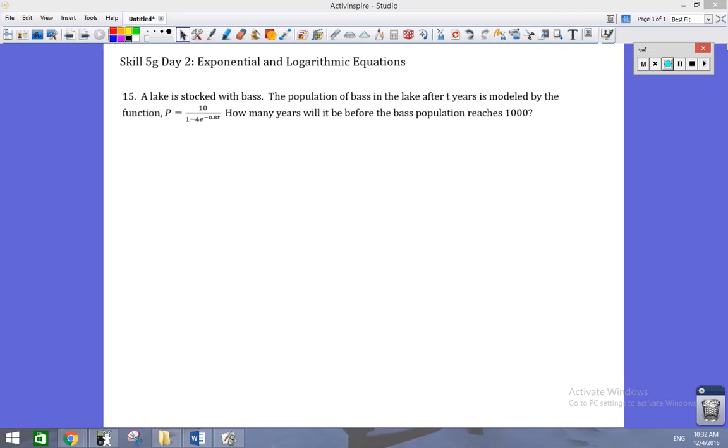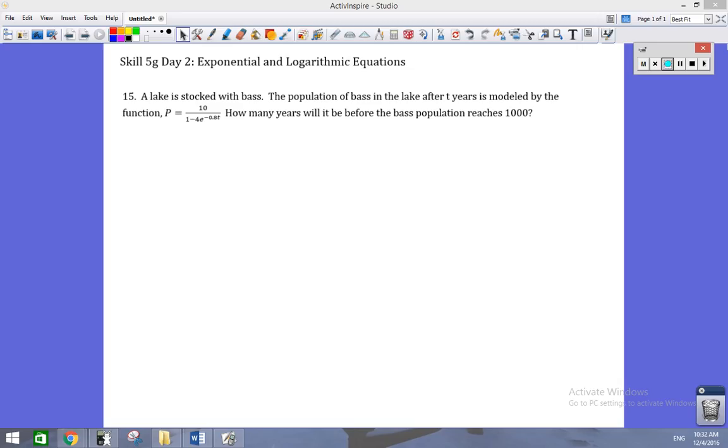So here it looks like they have some type of lake that is stocked with bass, and the population of the bass in the lake after t years is modeled by this function.